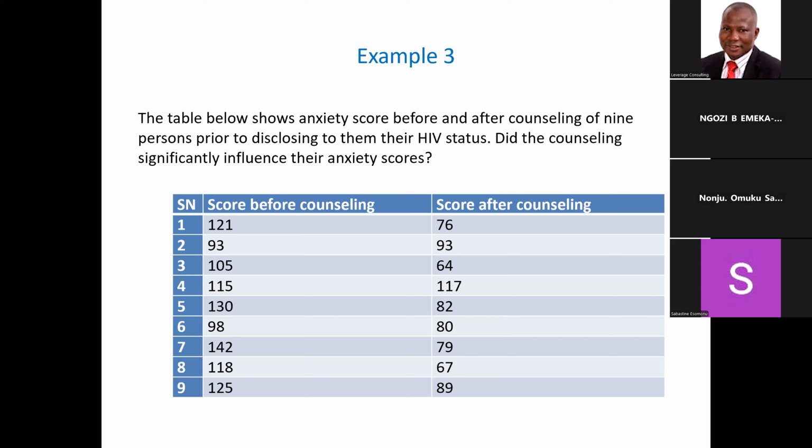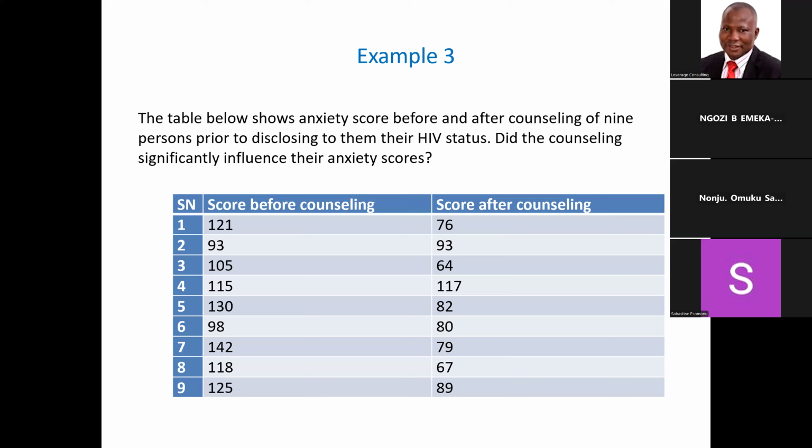The first column is the serial number just to show you there are different people, 9 people. Then the second column is the score before counseling. You know, there's a special tool they administer to them to measure their anxiety level. So they score it, and so before counseling, they score the anxiety. After they have given counseling, they do the scoring of anxiety.